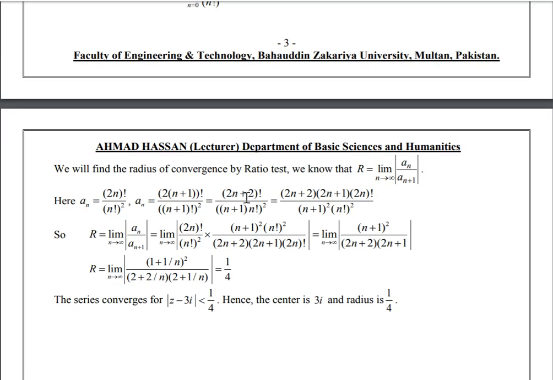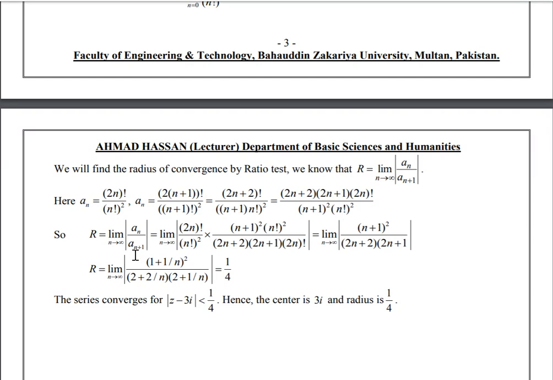That is written as 2n plus 2 factorial, and n plus 1 factorial can be written as n plus 1 into n factorial. 2n plus 2 factorial can be written as 2n plus 2 into 2n plus 1 into 2n factorial, just like 10 factorial can be written as 10 into 9 into 8 factorial. Here this one is that number, the previous number, and the previous number's factorial. Similarly in the denominator, n plus 1 factorial power 2 and n factorial power 2 separately.